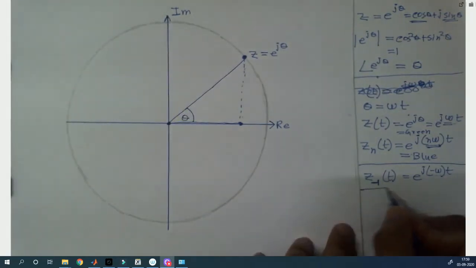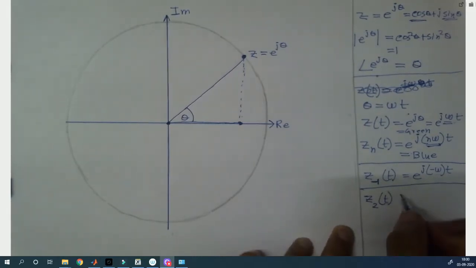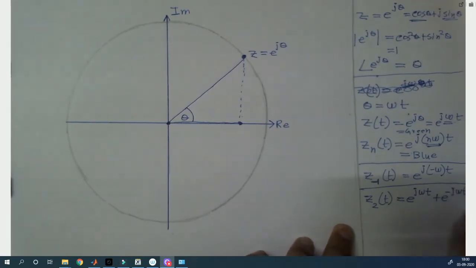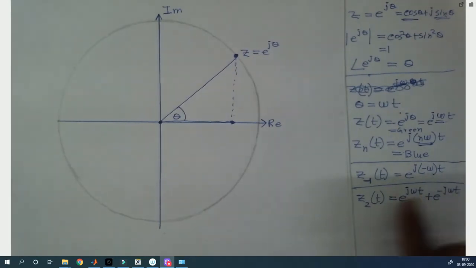Now let us consider another complex function of time, call it z_2(t), which is a sum of two complex functions, e to the power j omega t plus e to the power minus j omega t. Now it has two parts.